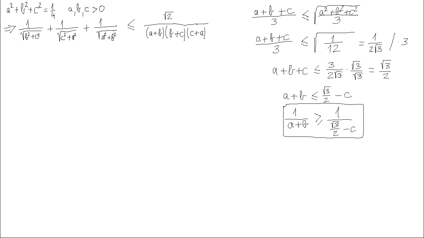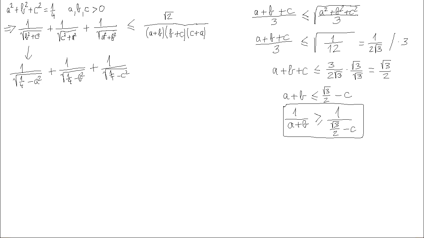So if we look back at our initial inequality, the left-hand side is actually 1 over square root of (1/4 minus a squared) plus 1 over square root of (1/4 minus b squared) plus 1 over square root of (1/4 minus c squared).